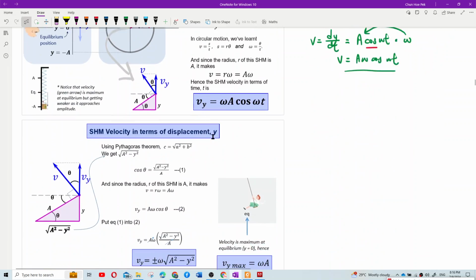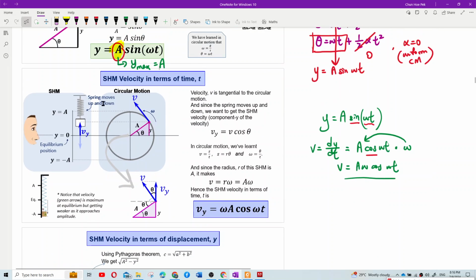The maximum value of displacement is amplitude. Then look at the velocity graph and the equation. You can see the V maximum is A omega.